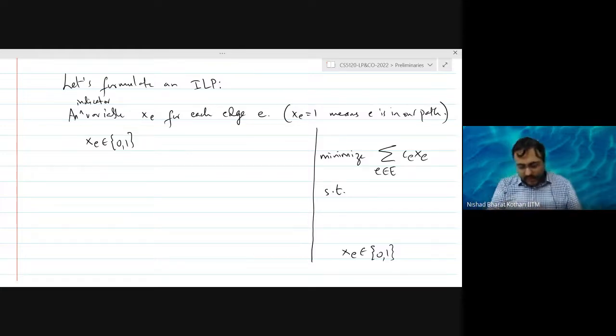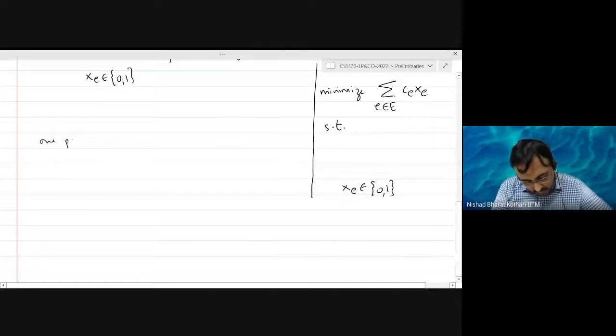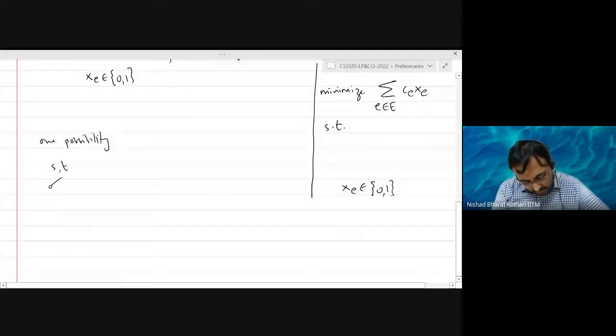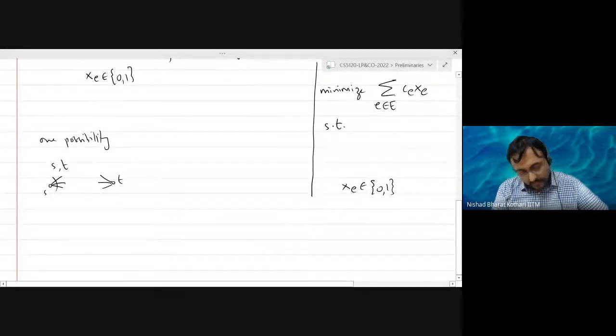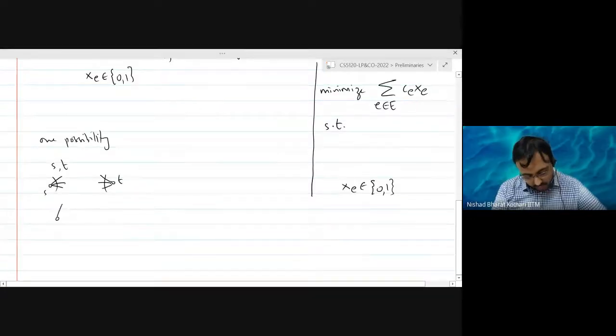Okay, let's try that. One possibility is that for S and T, the number of edges should be exactly 1, and for every other vertex V, you want it to be 0 or 2.